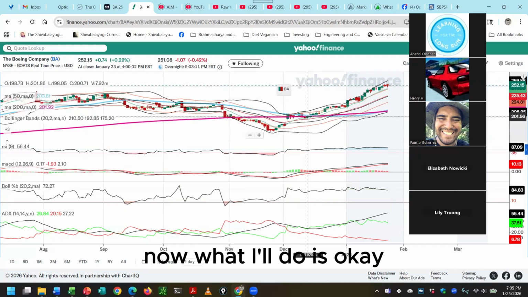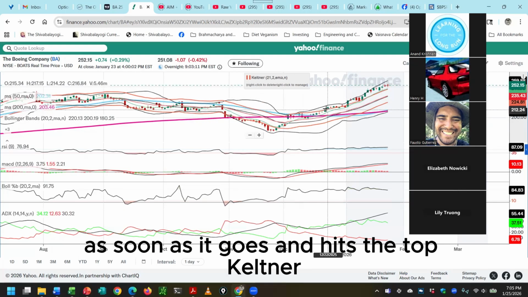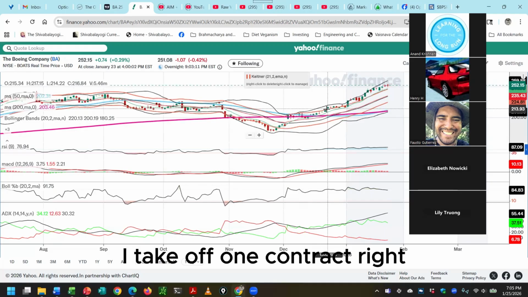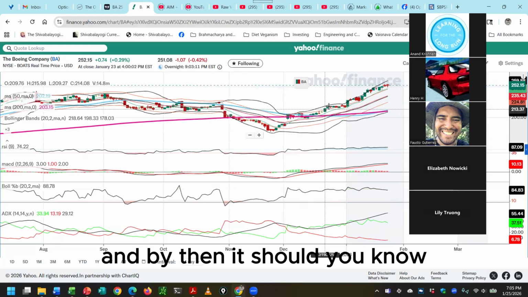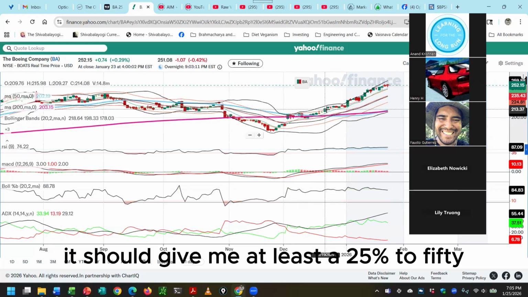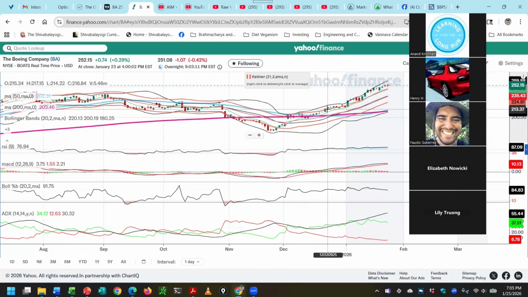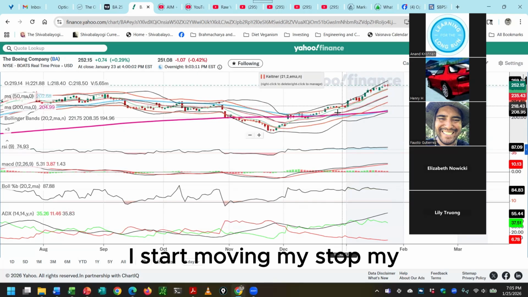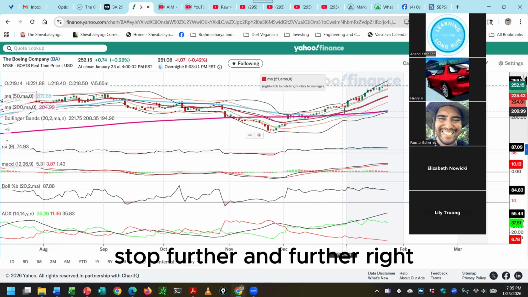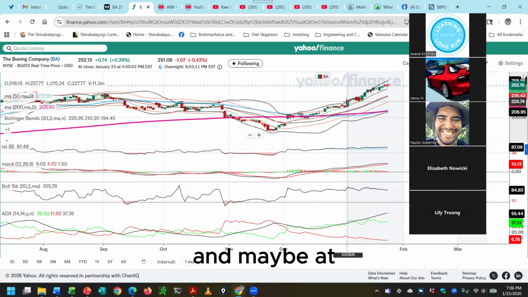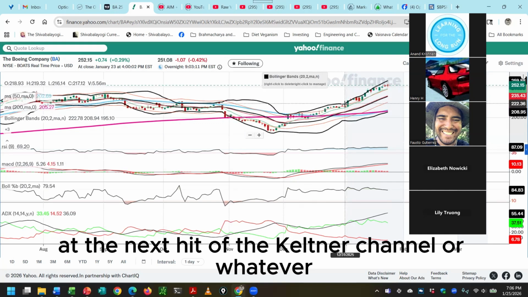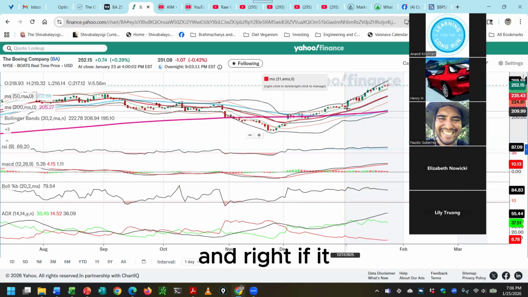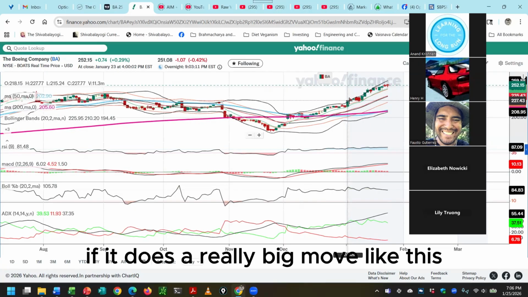Now, as soon as it hits the top Keltner or the top Bollinger, I take off one contract, and by then it should give me at least a 25% to 50% profit. Then if it keeps going up, I start moving my stop further and further. And maybe at the next hit of the Keltner channel or the Bollingers, I get rid of the second, and if it does a really big move like this, I just take out everything.